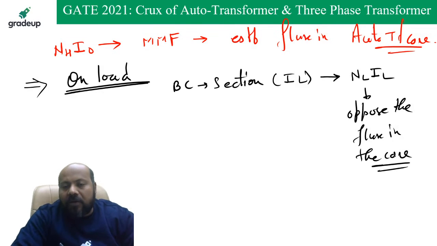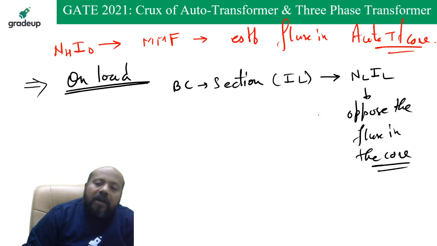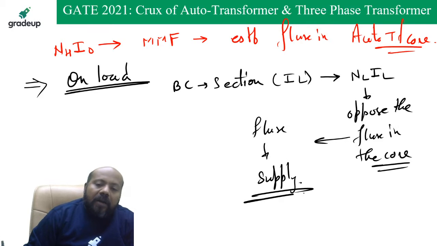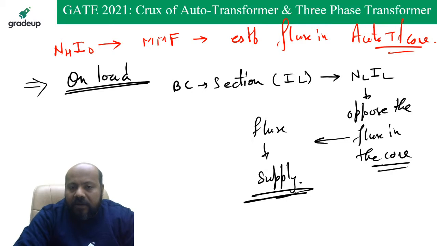Why? Because you cannot change things in your life which you don't decide. You can only change things in your life which you can decide. Who is deciding the flux? Flux is being decided by the supply connected to the primary side. So until and unless the supply is changed, how are you going to change the flux?